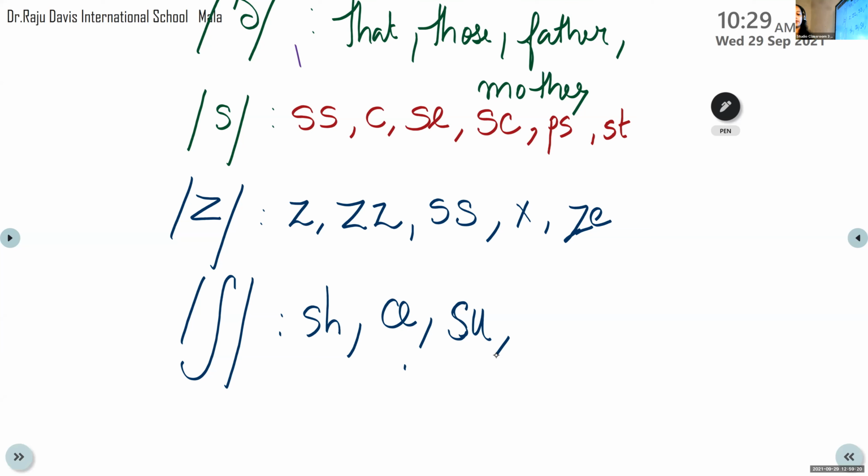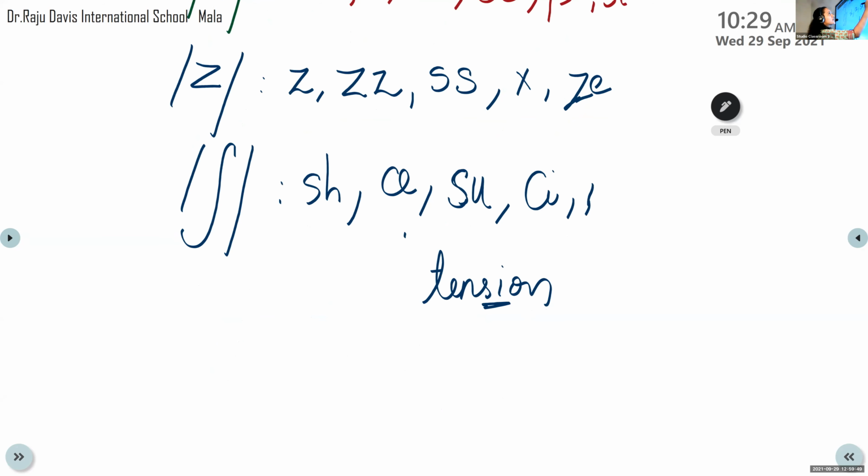Okay, then we have CI, like in special. It is not ice, it is special. CI, like in special. Okay, then if you notice the word tension, here again SI is giving you the sh sound.